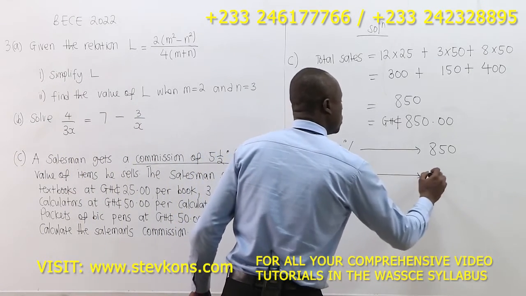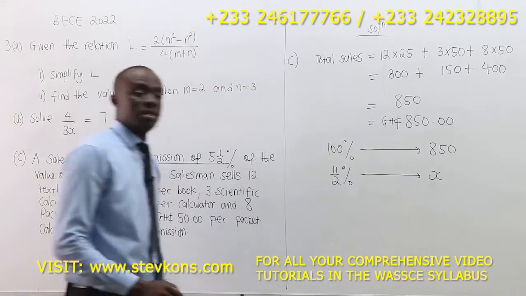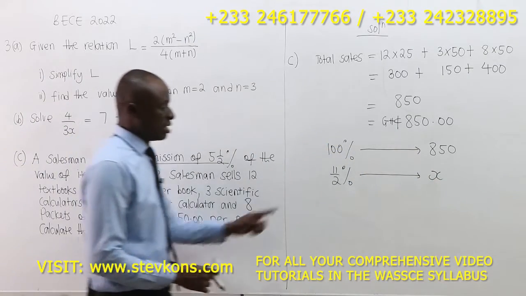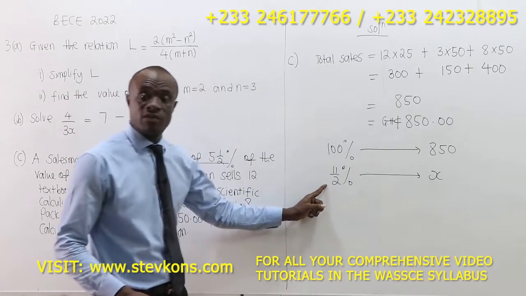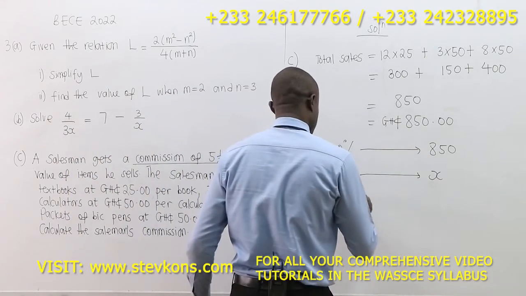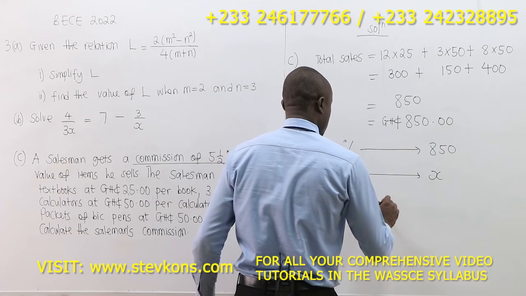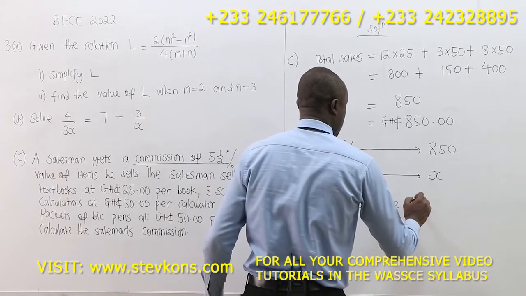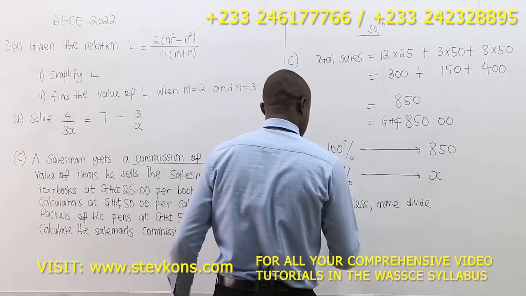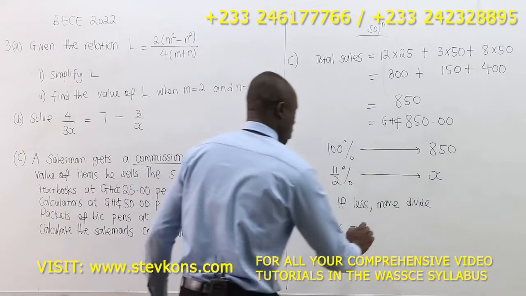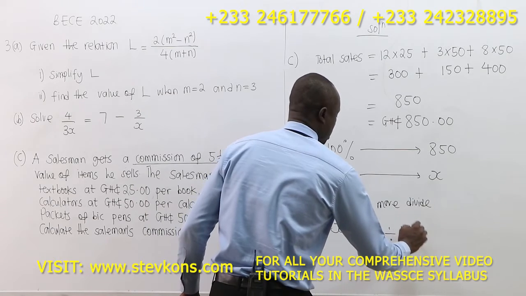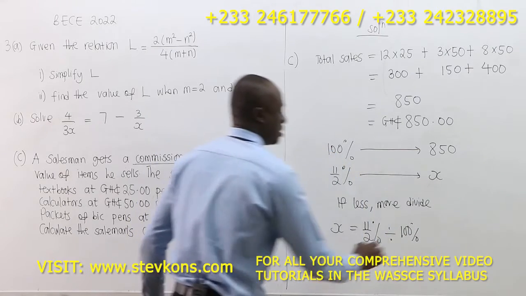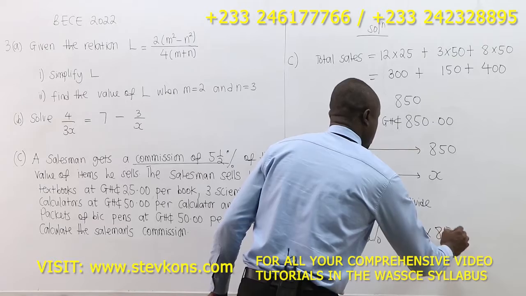And this will map to the commission that the salesman will get. Now, 100 is giving us 850. 11 over 2 will be less, so if less, we divide. Hence our x will be equal to 11 over 2% divided by 100% times 850.